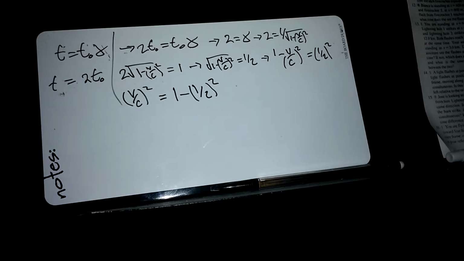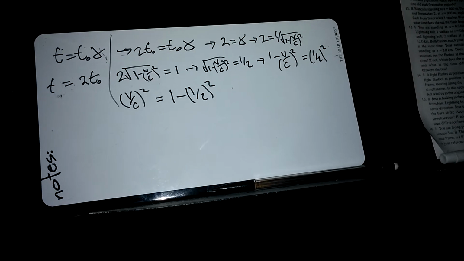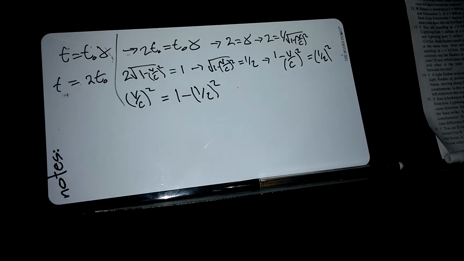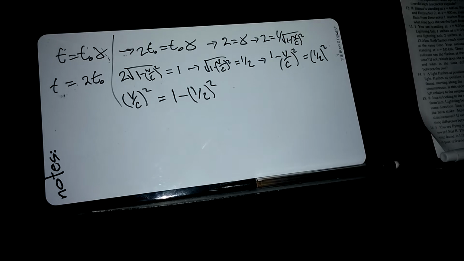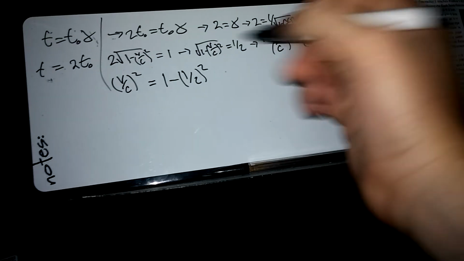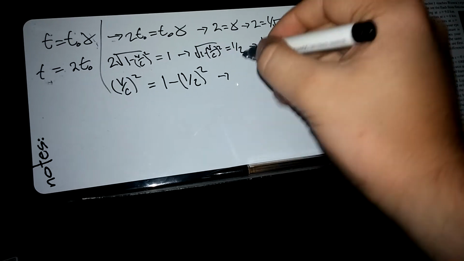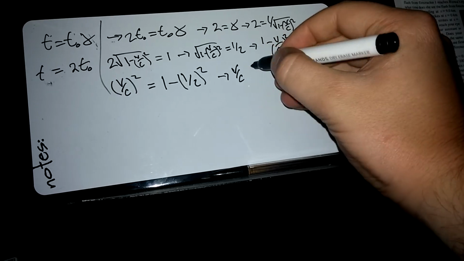Follow me there? Because it would have been 1/2 squared minus 1, but since we multiplied everything by negative 1, it would have been 1 minus 1/2 squared. Okay? And then we take the square root of that.